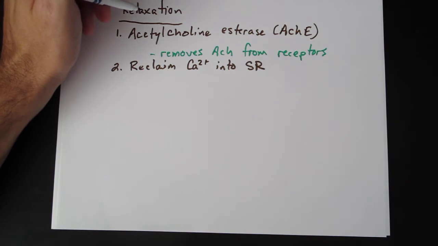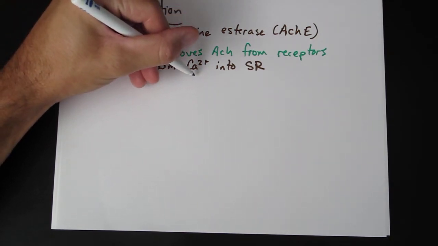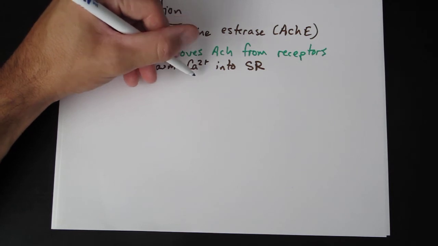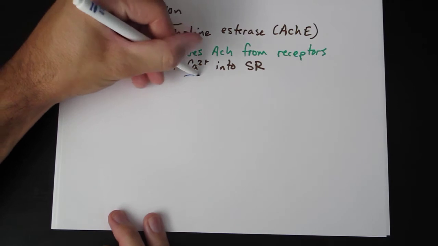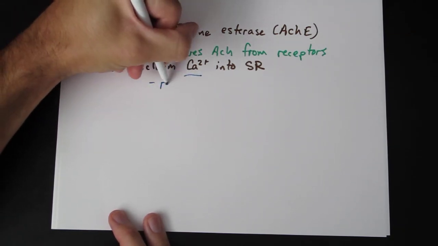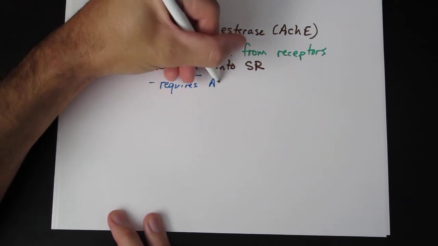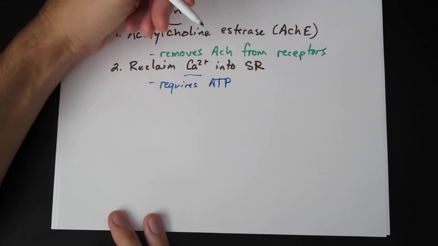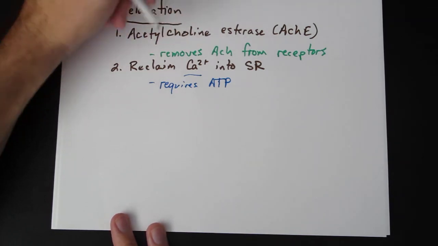We're moving calcium against a concentration gradient. Let me say it that way. We're moving calcium against a concentration gradient, and this requires ATP. Okay, this requires ATP. This is an active process.